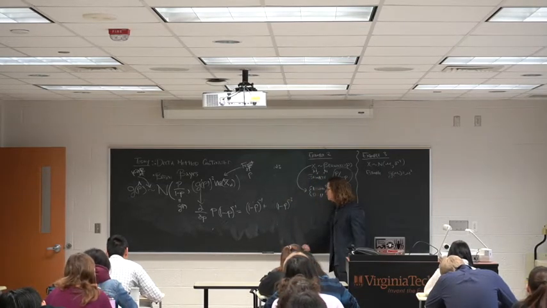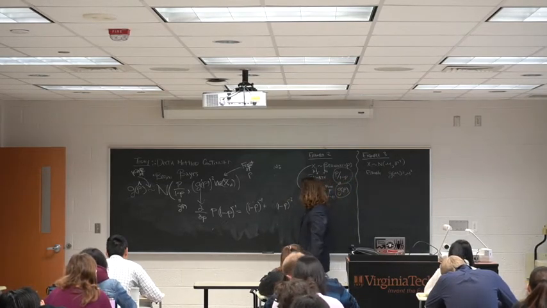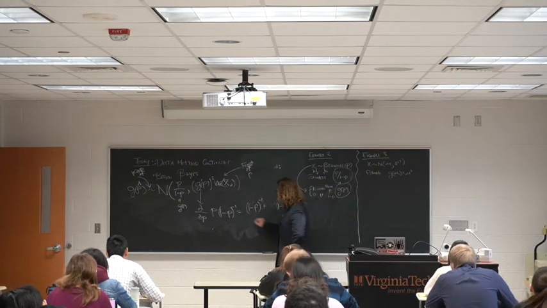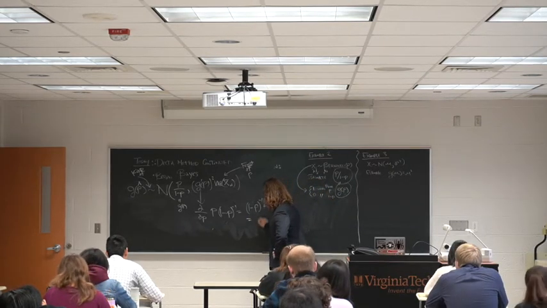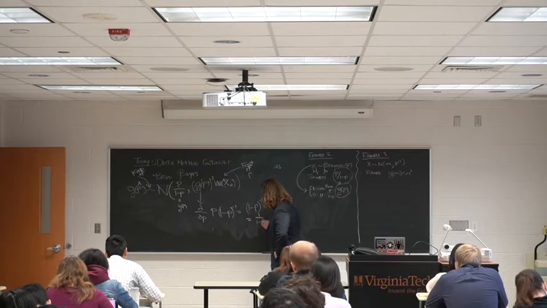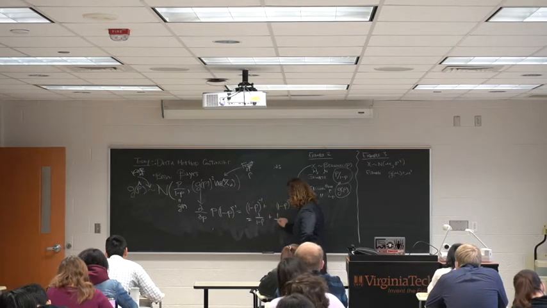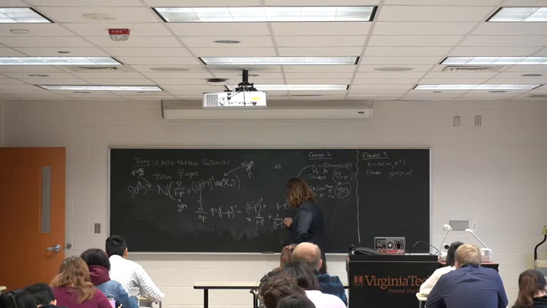Two negatives show up there. Okay, so we want to just simplify this. So this is going to be 1 over (1 minus p) plus 1 over (1 minus p) squared.